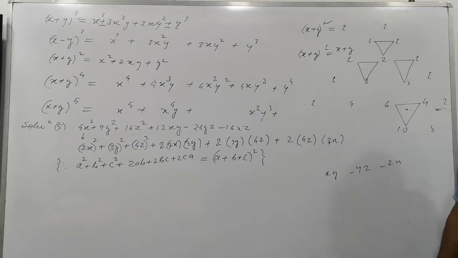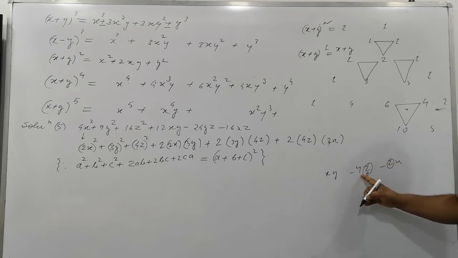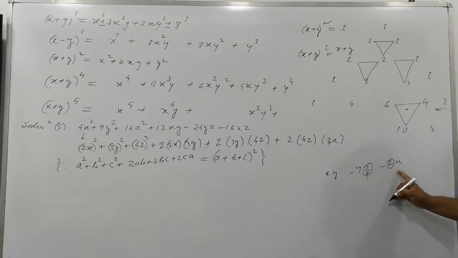So due to the negativity of Z, the terms became negative. Or what else is common in them? Y, and due to Y this can be negative, and due to X this can be negative.